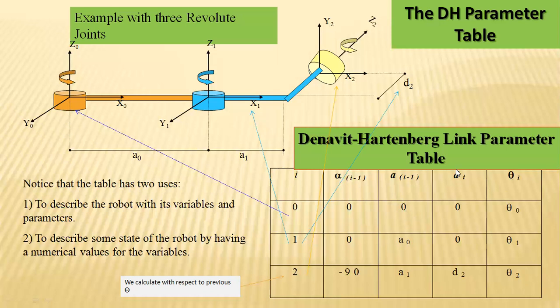Next, d, the shifting distance. There is no shifting distance from the base to here, because this joint already exists in the base, hence d is also zero.